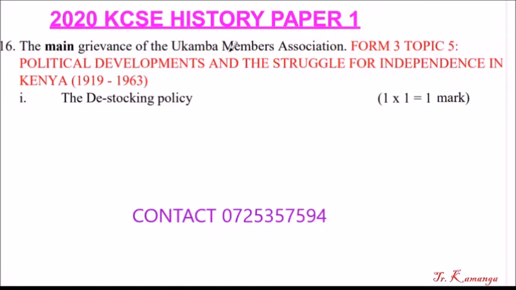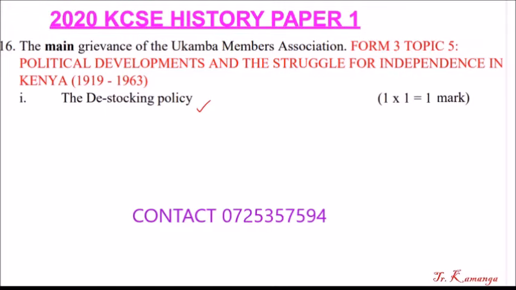Form 3 Topic 5, Political Development and Structure for Independence, Kenya, 1919 to 1963. The grievance was the destocking policy, that is, they were being forced to reduce their livestock. That is what we meant by the destocking policy.